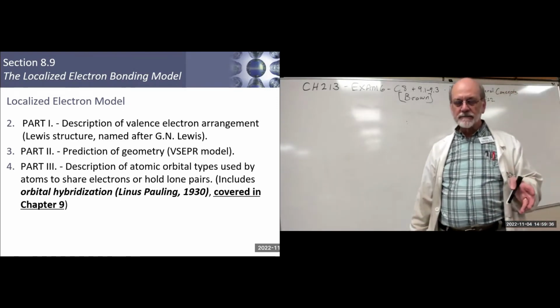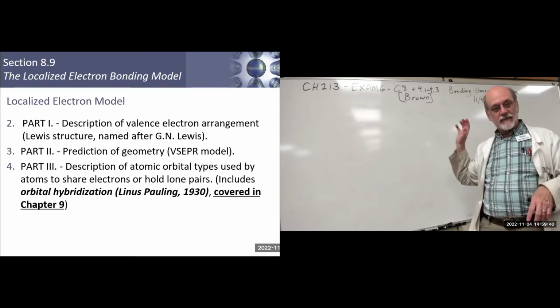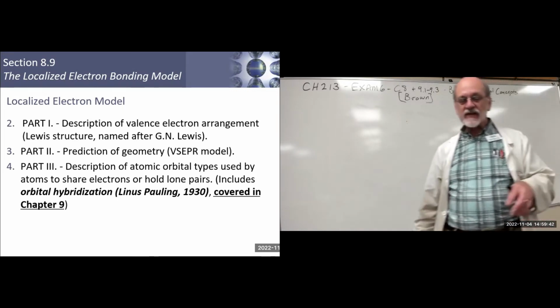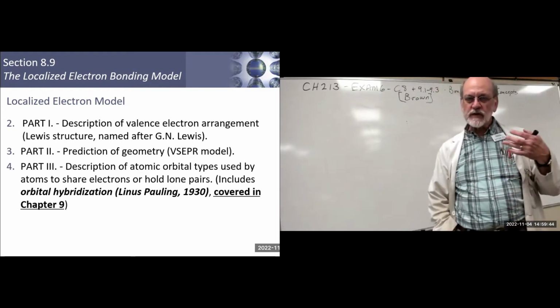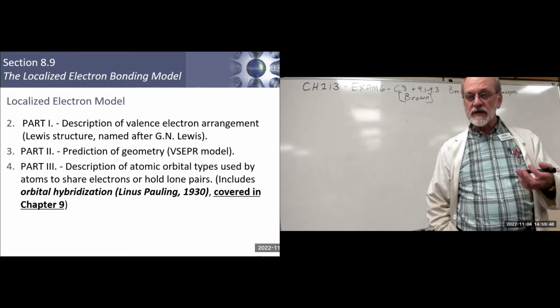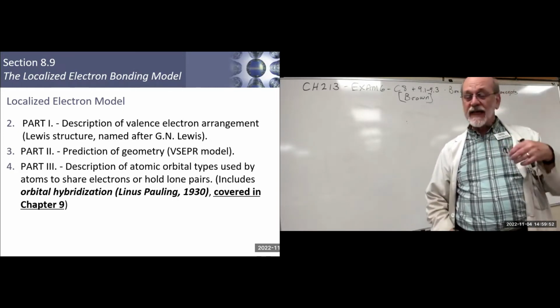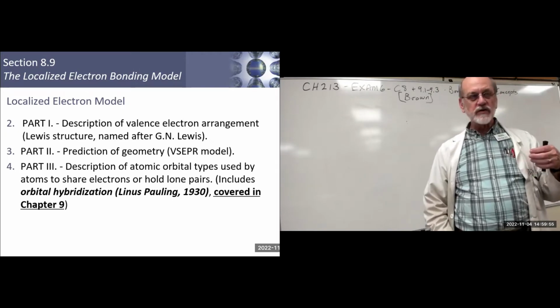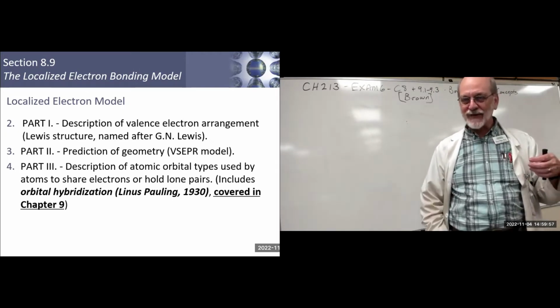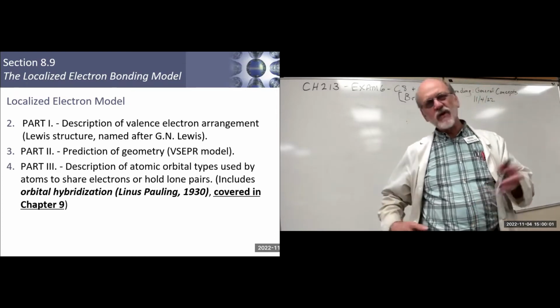Part 3, we're going to save for the next exam, the last exam. In that case, we're going to introduce modifications to the valence bond theory. And then we're going to throw the valence bond theory out and introduce a new theory. Well, we don't really throw it out.